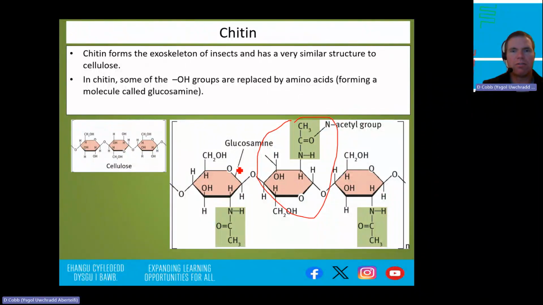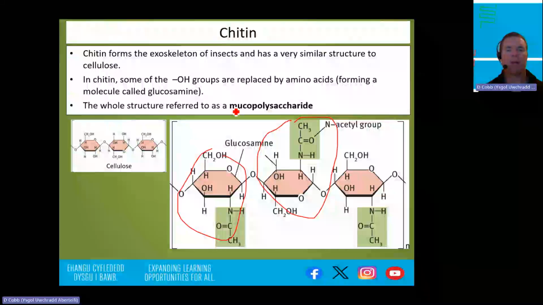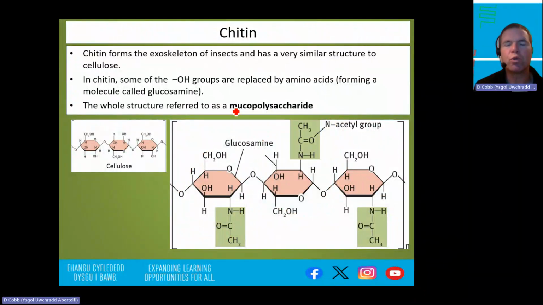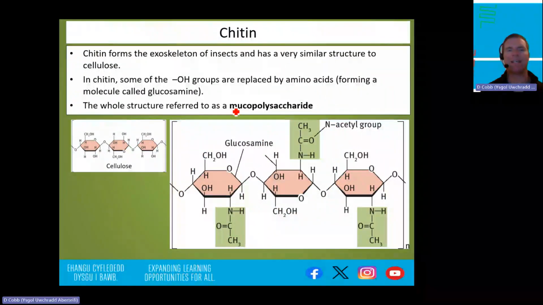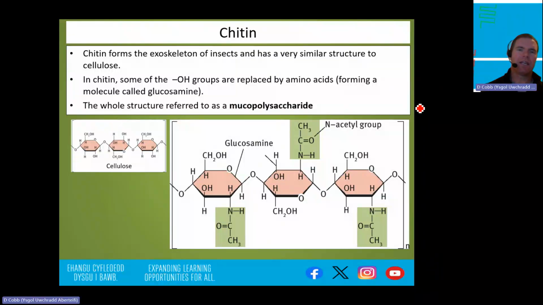Each of those is referred to as a glucosamine. You put lots of them together and we end up with like the equivalent of a microfibril, a mucopolysaccharide. So in chitin, we refer to the whole structure as a mucopolysaccharide. In cellulose, we refer to the whole structure as a microfibril.